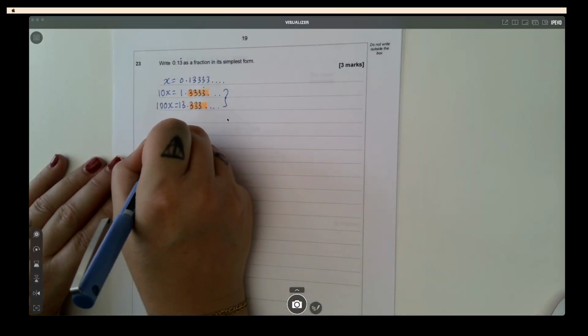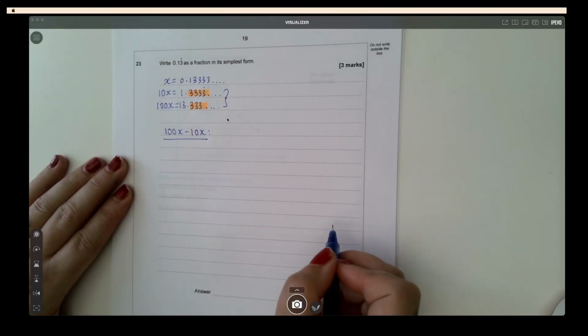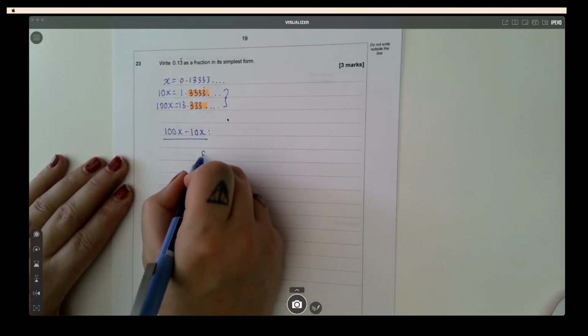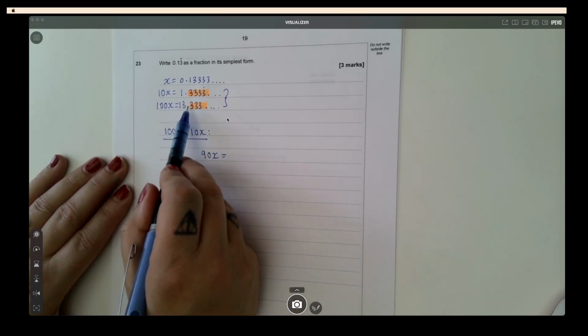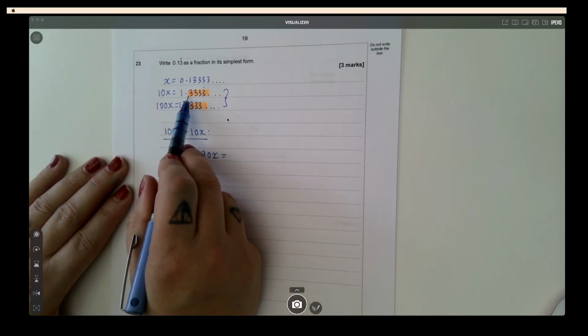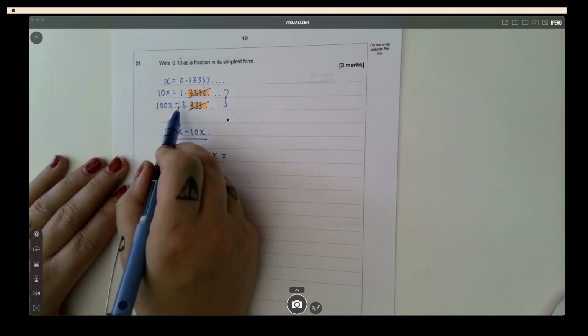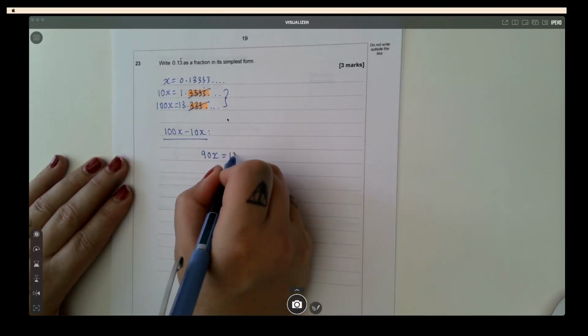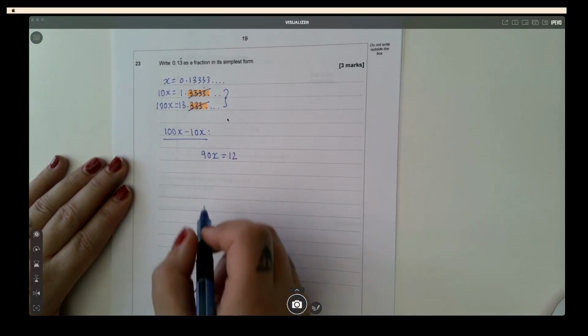So 100x subtract 10x is what's going to happen now. So 100x subtract 10x is 90x. So then 13.3 recurring subtract 1.3 recurring. Well, the 0.3 recurring is going to cancel out, and 13 subtract 1 is 12. And now it's a case of solving for x to write it as a fraction.